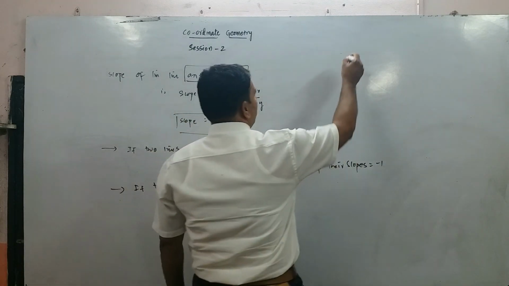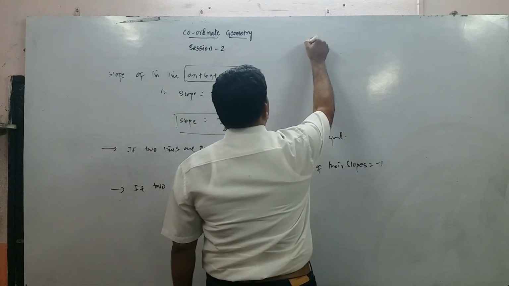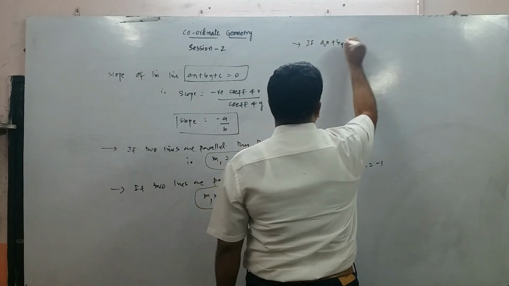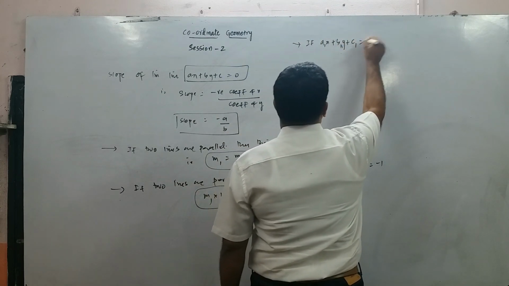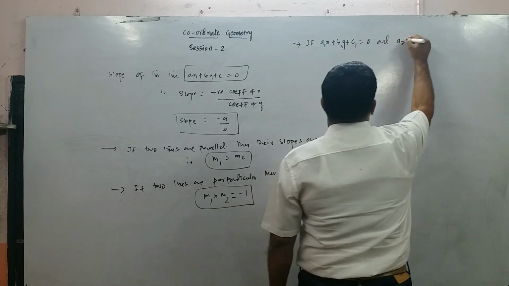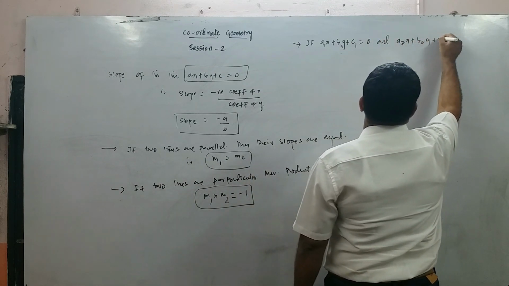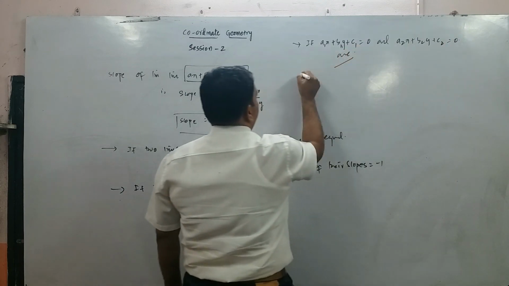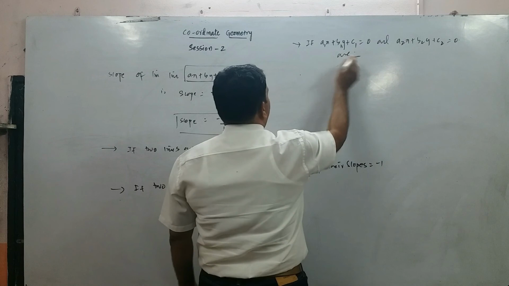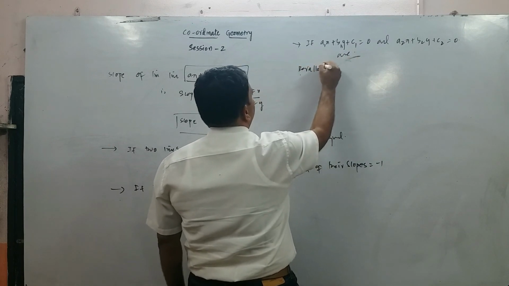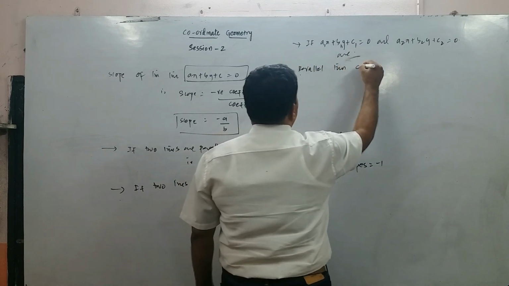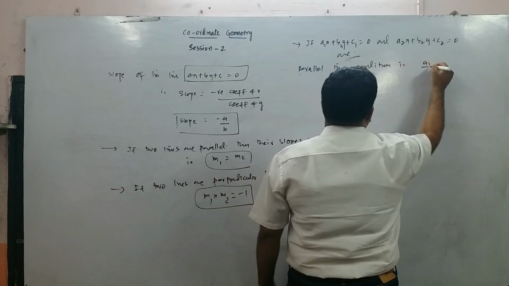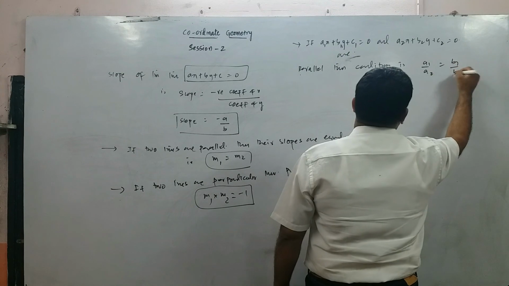Now let me tell you, very important: if a1x plus b1y plus c1 is equal to 0 and a2x plus b2y plus c2 is equal to 0 are, in the first case, parallel, then the condition is a1 by a2 is equal to b1 by b2.